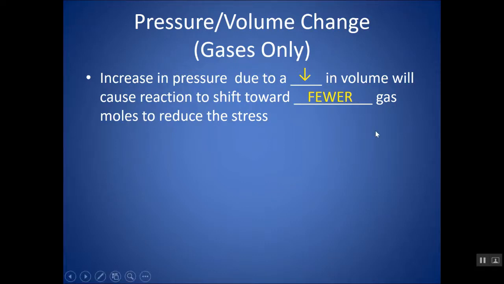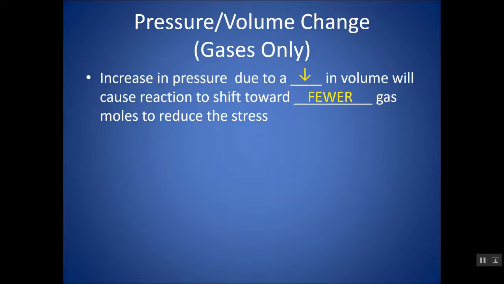Because if I all of a sudden lower the volume, then the partial pressures of these things are going to be shooting up, and the concentration is going to be going up because I'd have more moles per unit volume now. So I need to restore those equilibrium concentrations by shifting to the fewer gas moles.